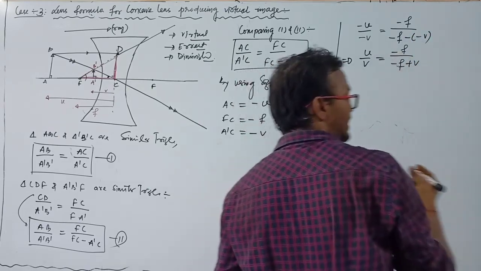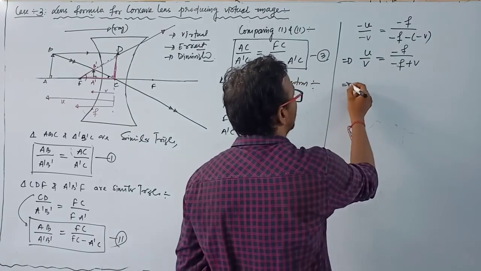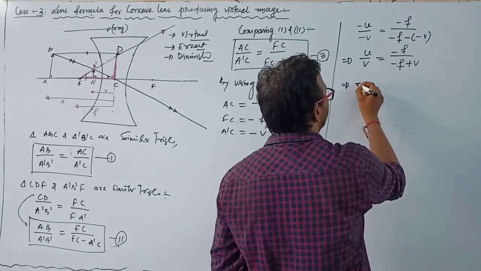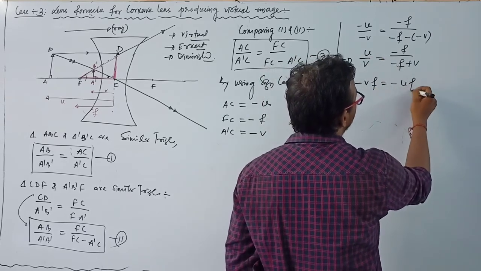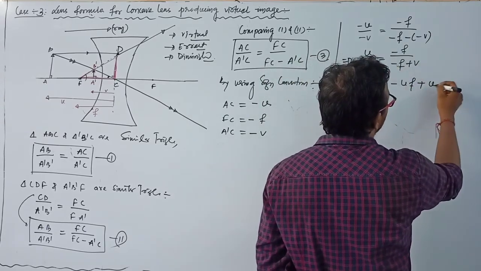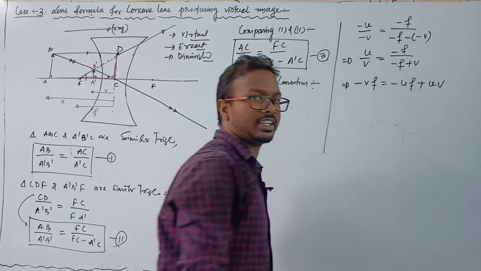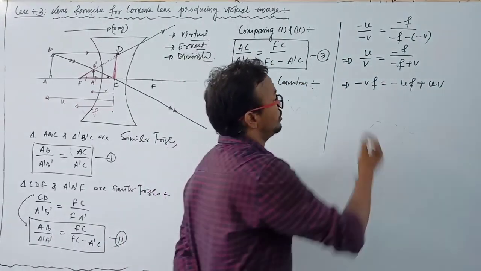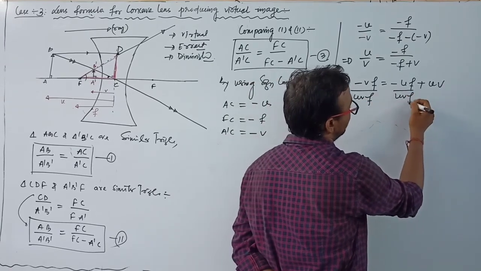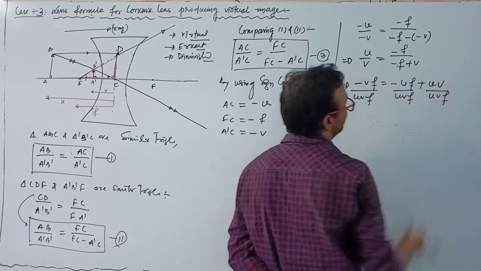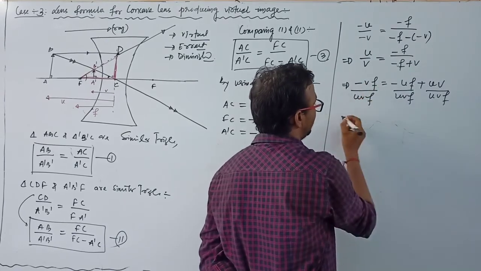Now cross multiply this relation. We get minus VF equal to UF plus UV. Now dividing both sides by UVF, the VF cancels.